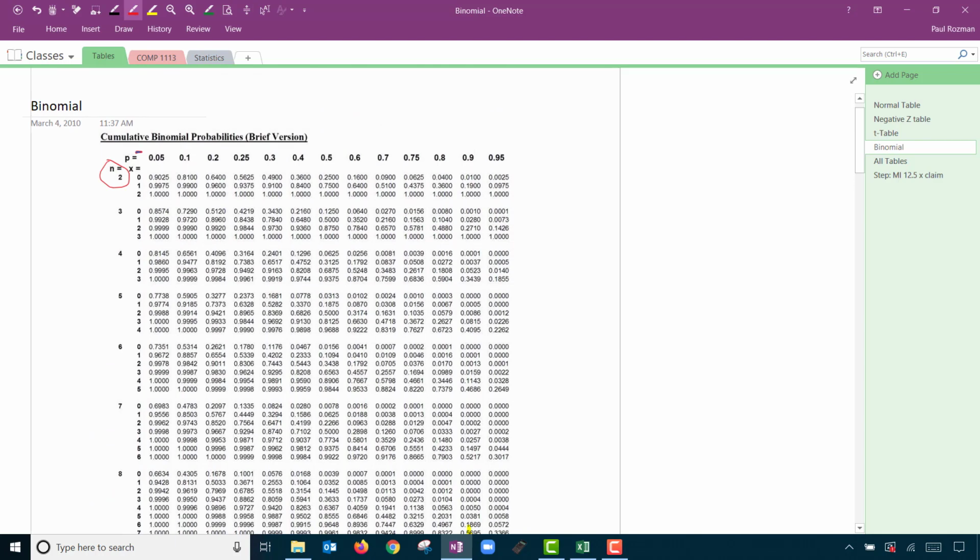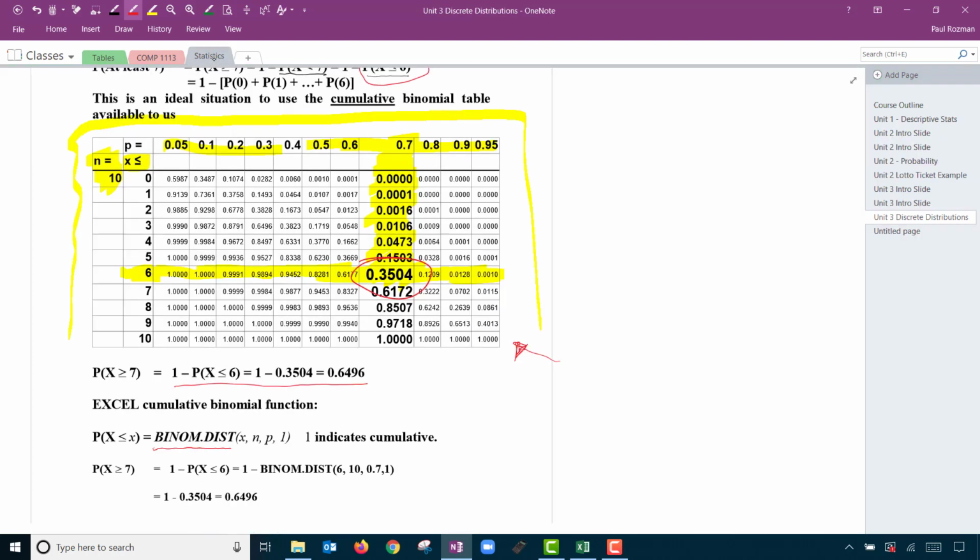So first thing you do is figure out your sample size, and then it will tell you which part of the table to be in, and then you can figure out your probabilities from there. So it's fast to use a table. In fact, I think I'm faster at using the table than using software, but I think we should learn how to use the software too.